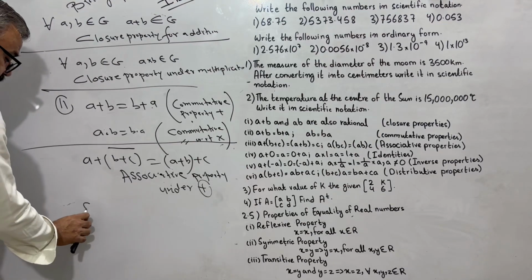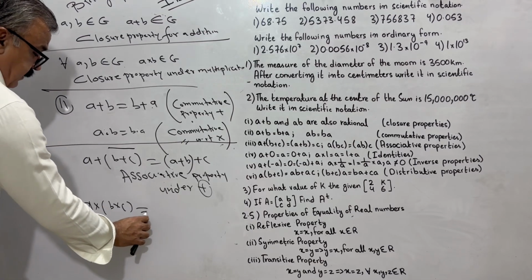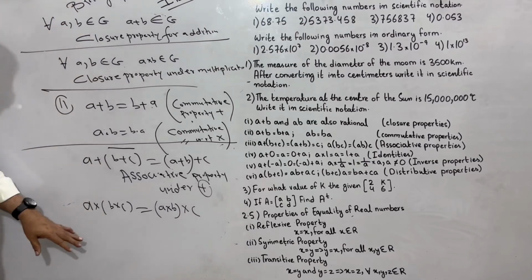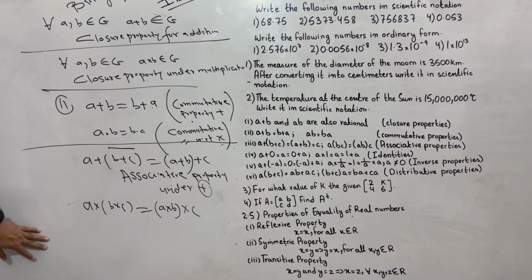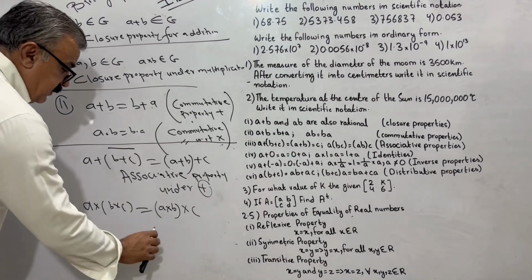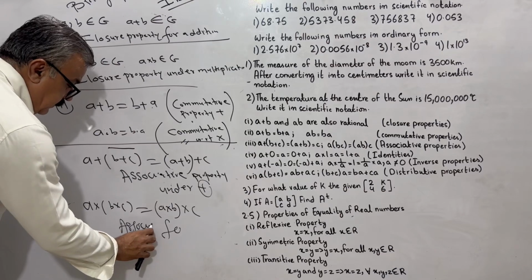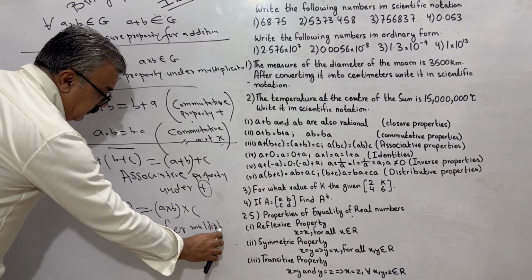What about multiplication? A into B into C is equal to A times B times C. This property is known as the associative property for multiplication.